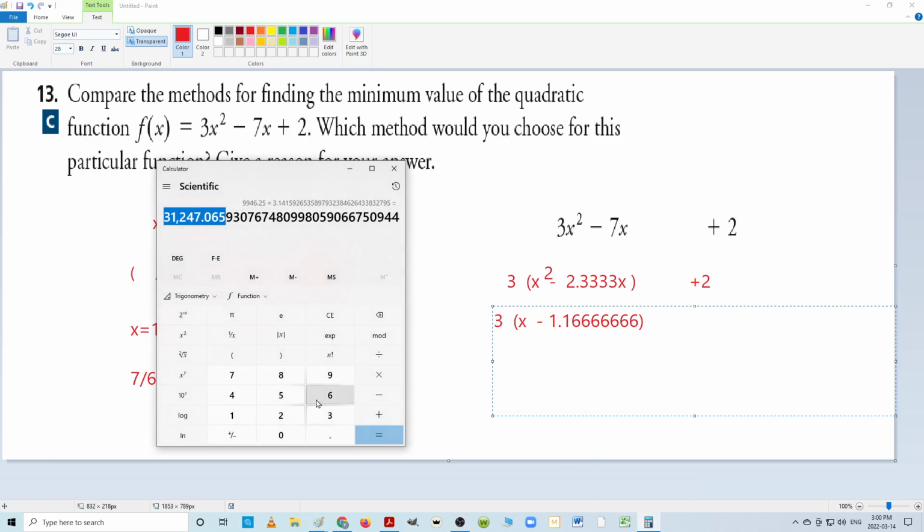So first let's confirm that half of 2.333 is 1.66666. And I get that, and it is. And when I multiply it by this, it's that, and it's going to be negative. And then when I multiply it by 3, it's going to be that. And then when I add 2, it's going to be that.